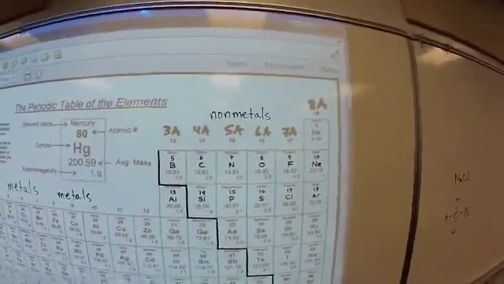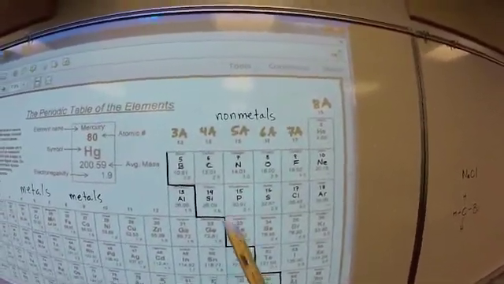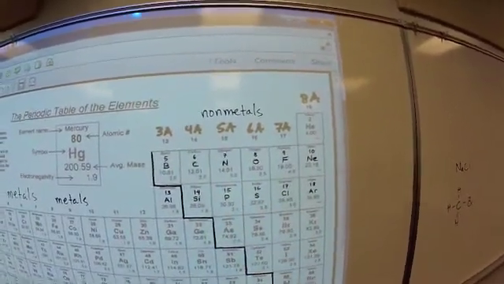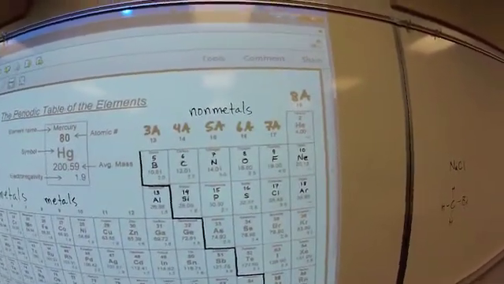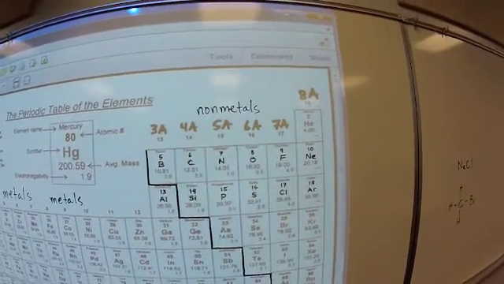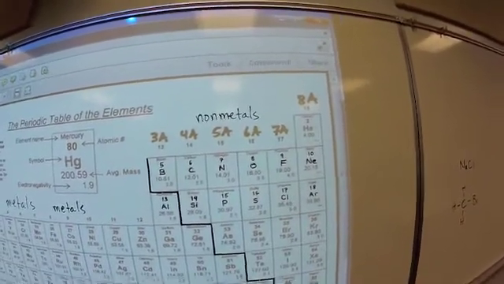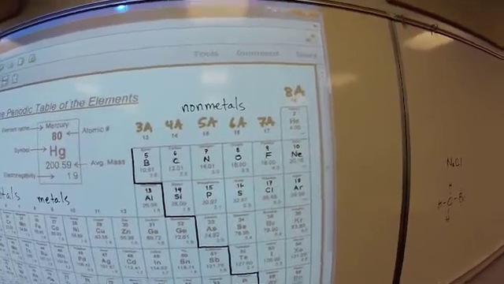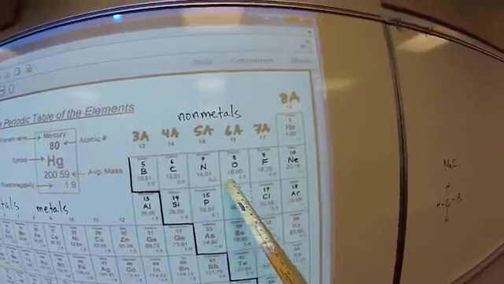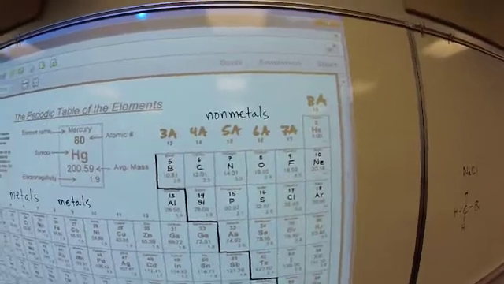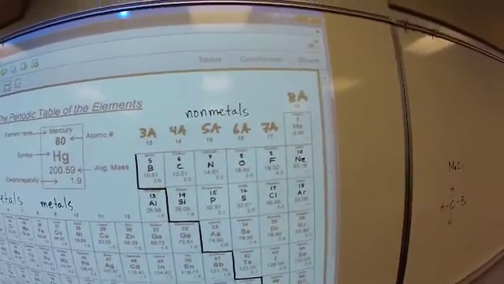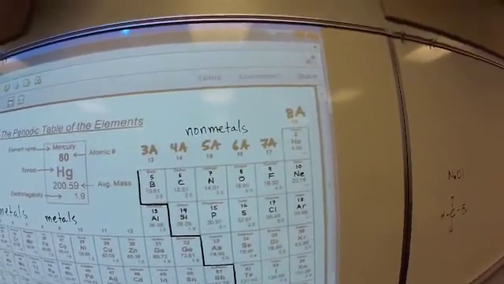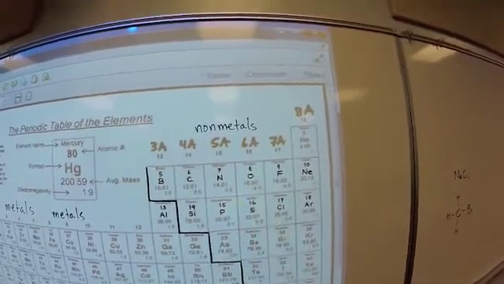So the bottom line is that as we move left to right, we increase the magnitude of the positive charge in the nucleus, which increases the power of attraction that nucleus has for electrons, yet each new electron that comes in is the same distance from the nucleus as the previous electrons.